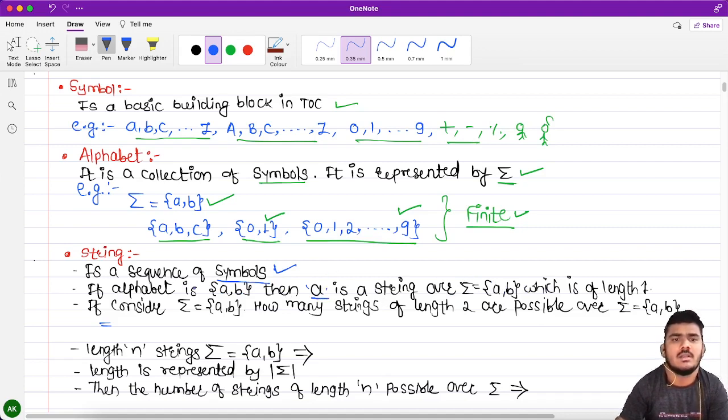If instead it were a b, we would say that a b is a string over the alphabet a comma b of length 2.